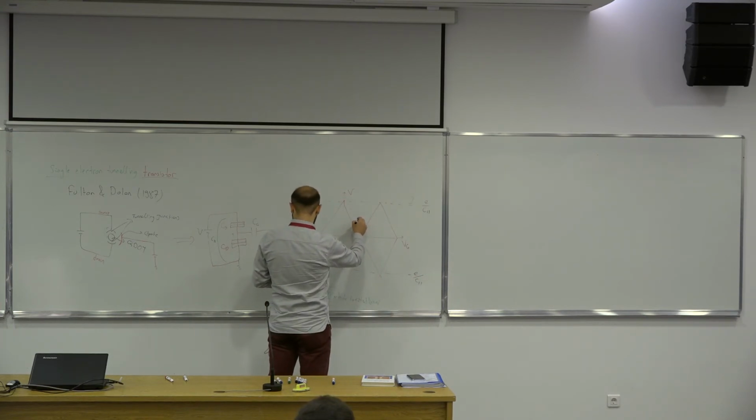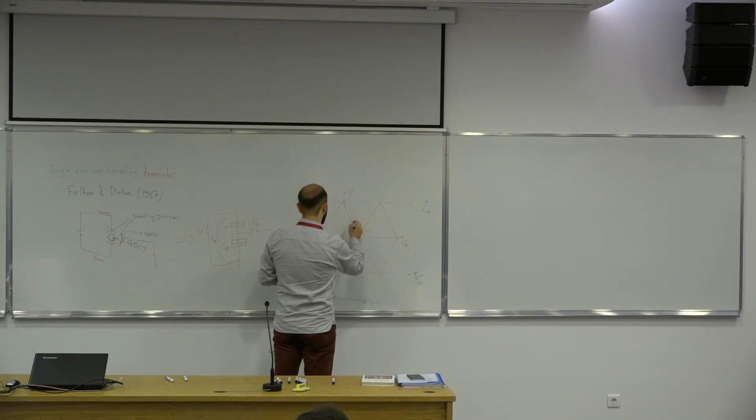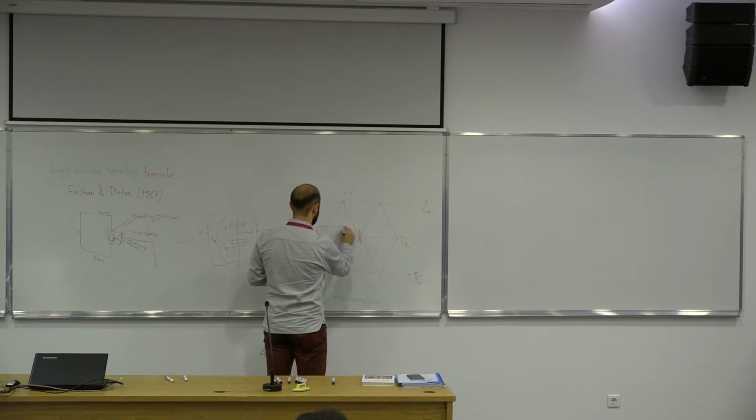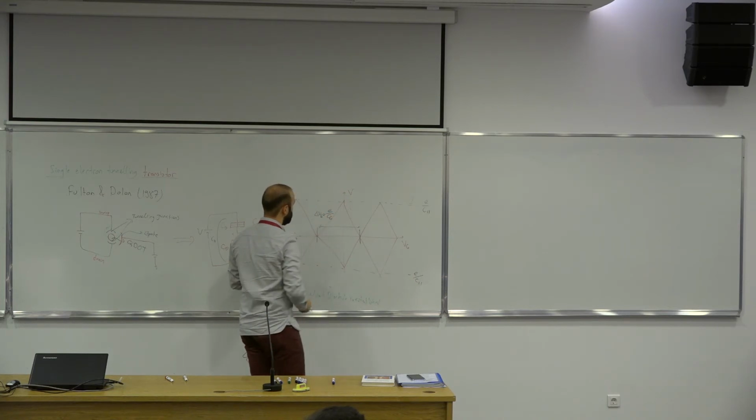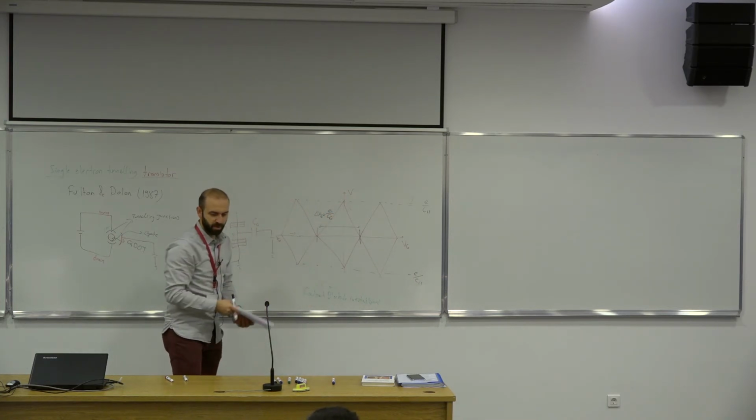Then this difference is given by delta VG, and that corresponds to E over CG.